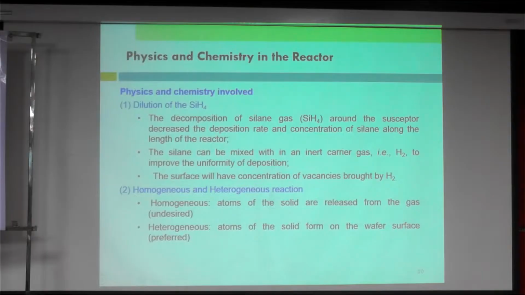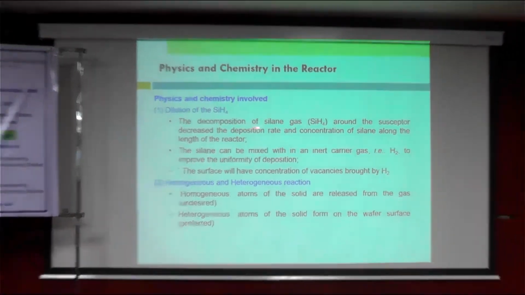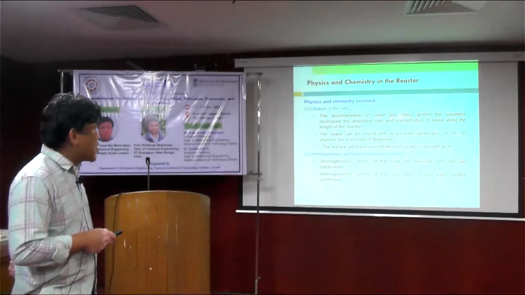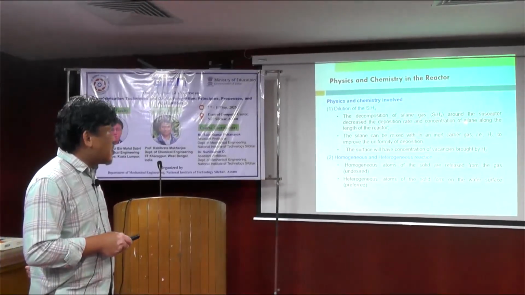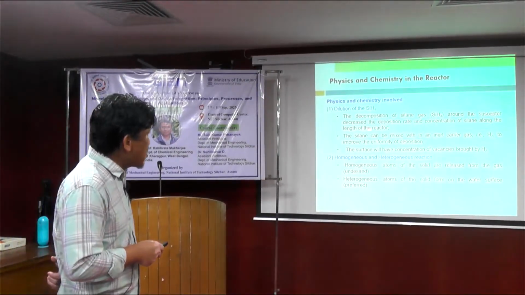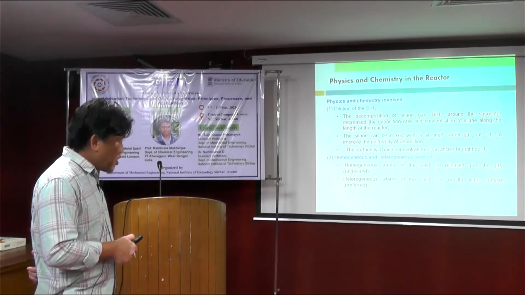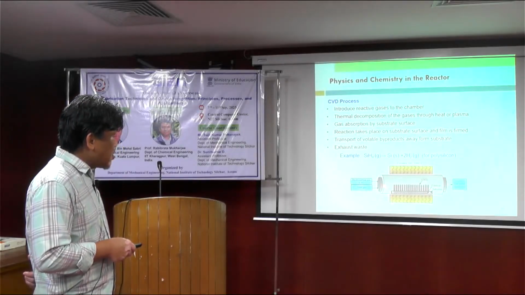So for the physics and chemistry involved, dilution of SiH4, basically the silane gas, the decomposition of silane, the precursor around the susceptor, decreases the deposition rate and concentration of silane along the length of the reactor. So we have the reactor in this manner, right?